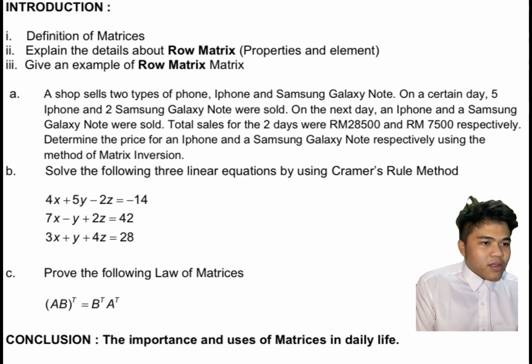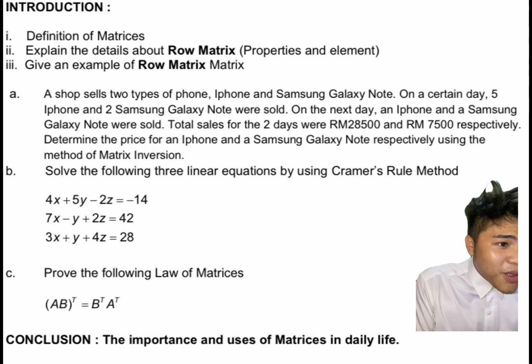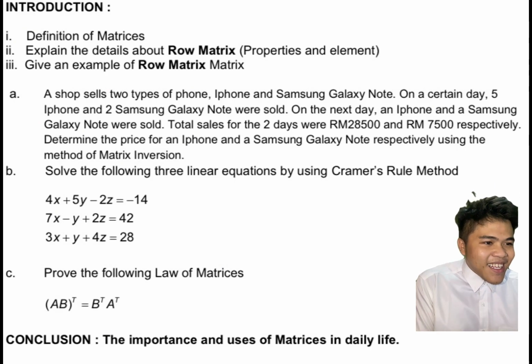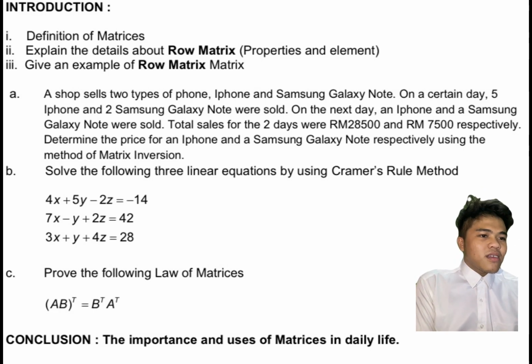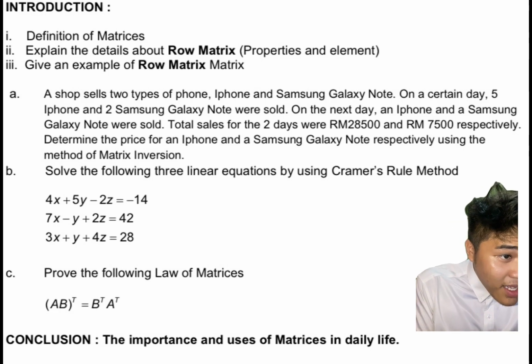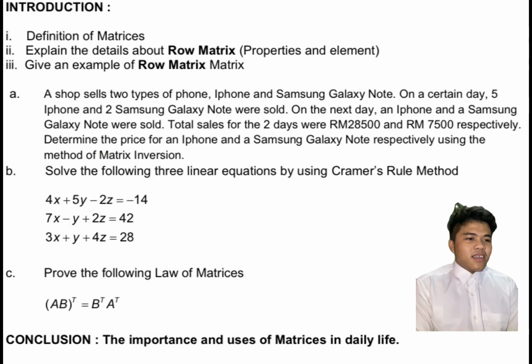Total sales for the 2 days were 28,500 and 7,500 respectively. Determine the price for an iPhone and a Samsung Galaxy Note respectively using the method of matrix inversion.